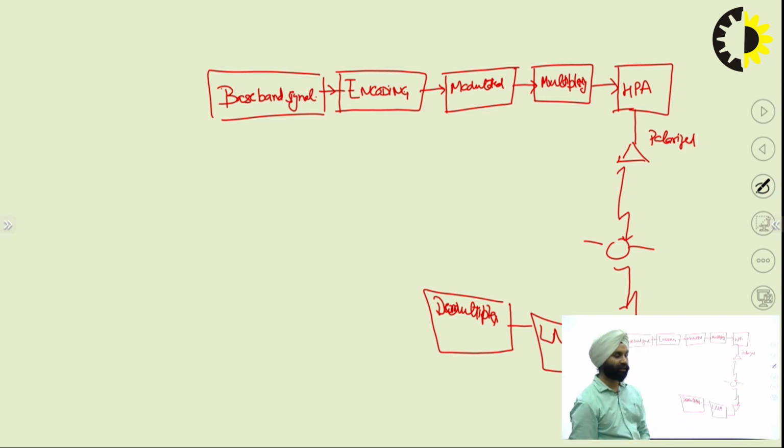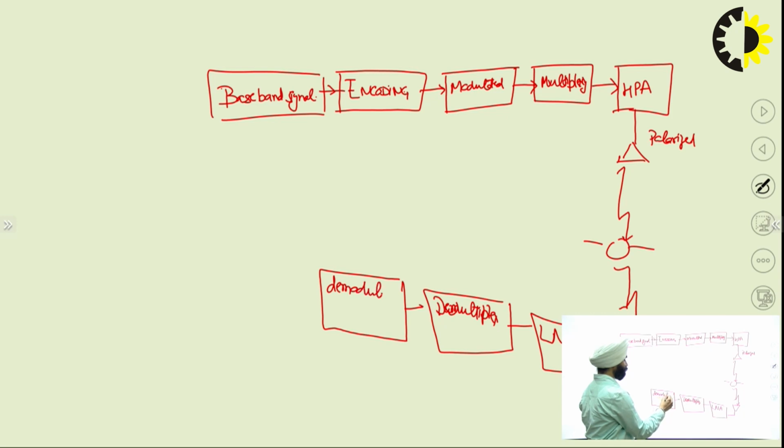Demultiplex the signals, and then from these demultiplexed signals, we demodulate the signals. This demodulation of the signals corresponds to the different signals that were modulated at different phases. Then there is decoding of the signals.